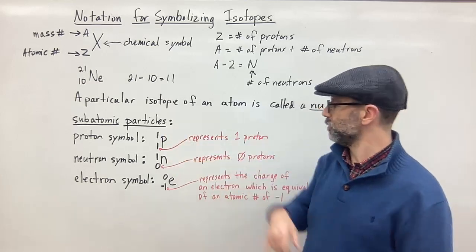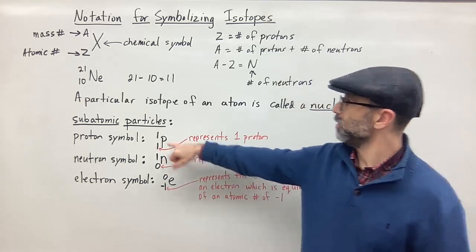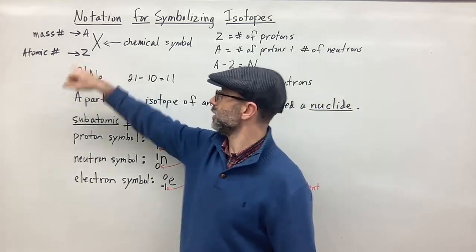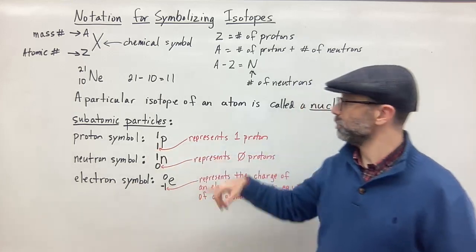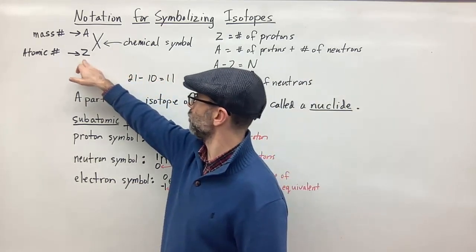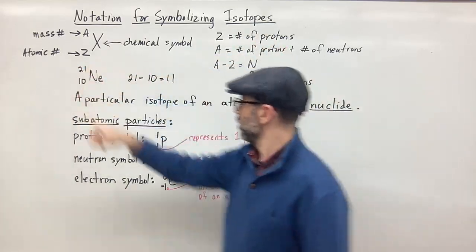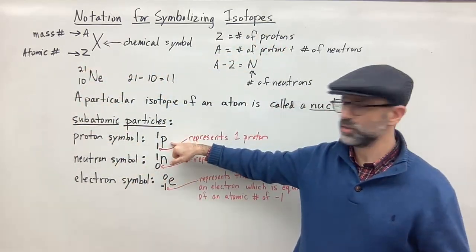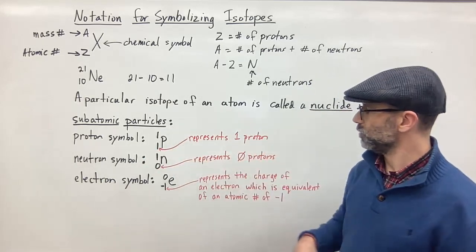It's defined as 1 AMU. And then the bottom number, if we're keeping this the same, the atomic number, would be 1, because the atomic number is the number of protons. So since we're looking at one proton, that would be 1. So this represents 1 proton.